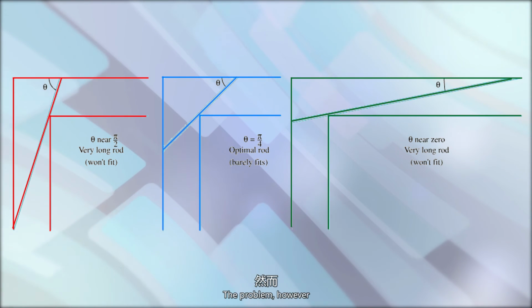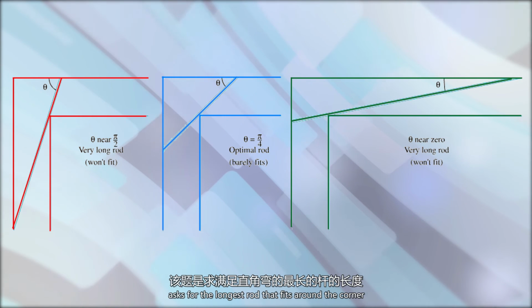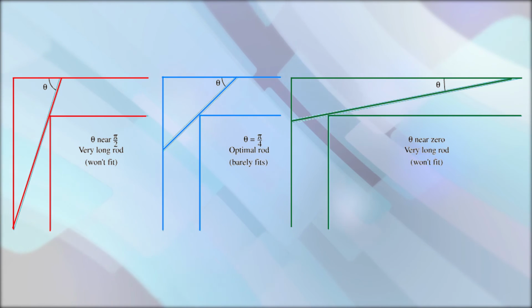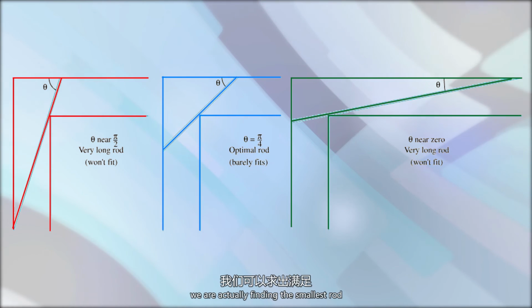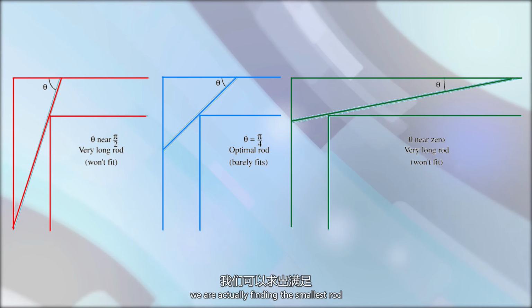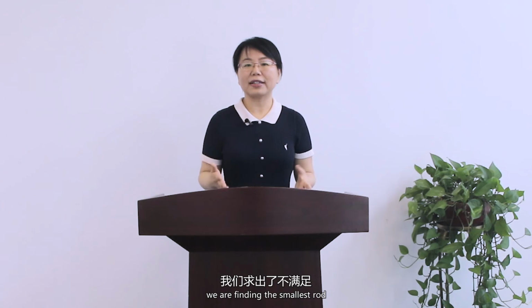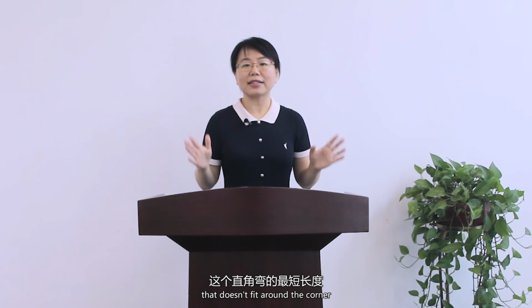The problem, however, asked for the longest rod that fits around the corner. As the figure indicates, we are actually finding the smallest rod that satisfies the conditions in figure 2. In other words, we are finding the smallest rod that doesn't fit around the corner.